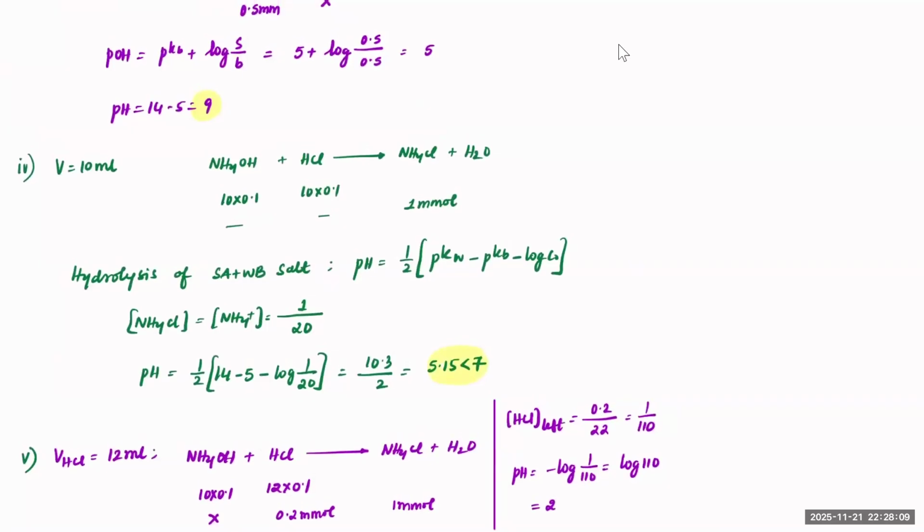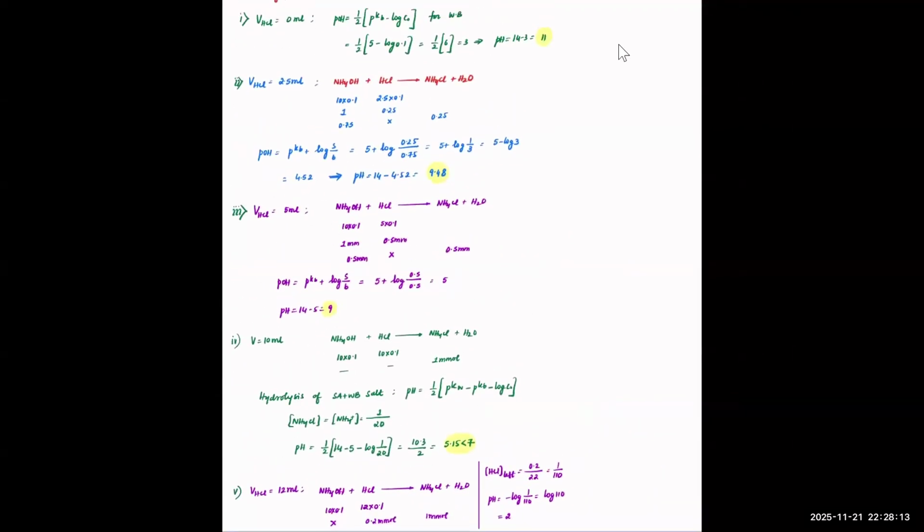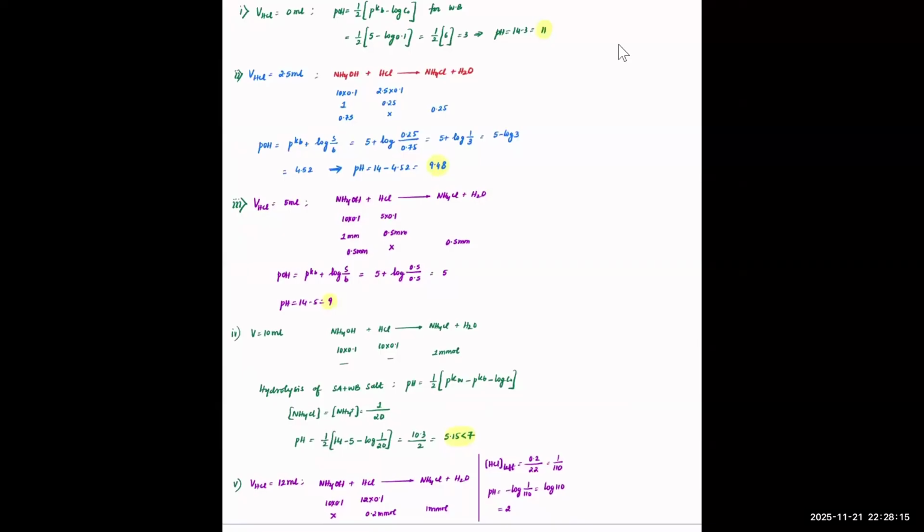Right. So first check out all the cases, everybody. This is how you need to analyze the titrations, everyone. 1 to 5. Check if everybody got these values. Okay.